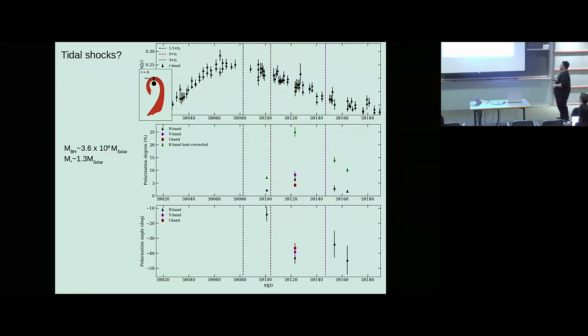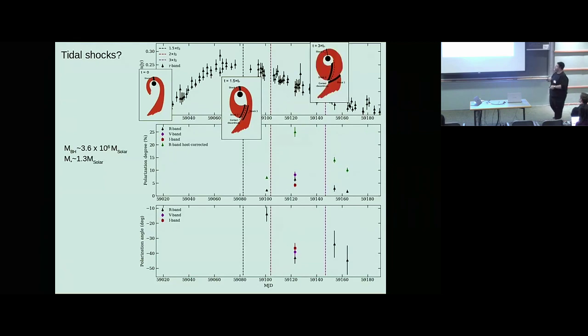The peak should happen at 1.5 times that orbital timescale, and as you can see, that actually matches the prediction fairly well. At peak, you have the outer shocks forming. These are not very strong in the beginning, but they grow stronger over time. And at some point, we expect them to be the dominant emission component in the system.